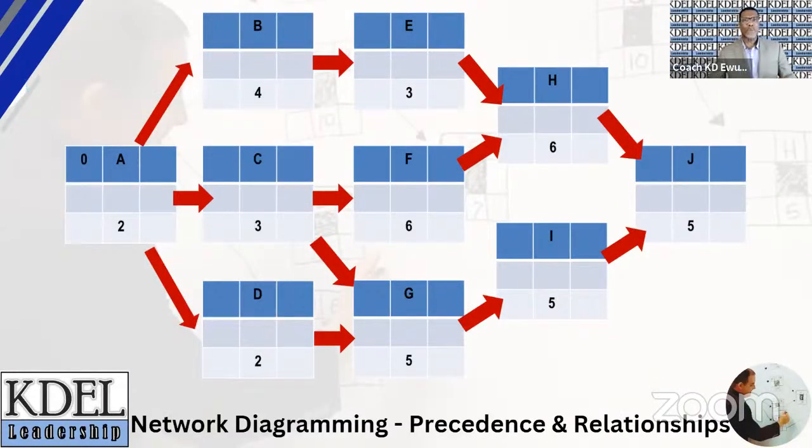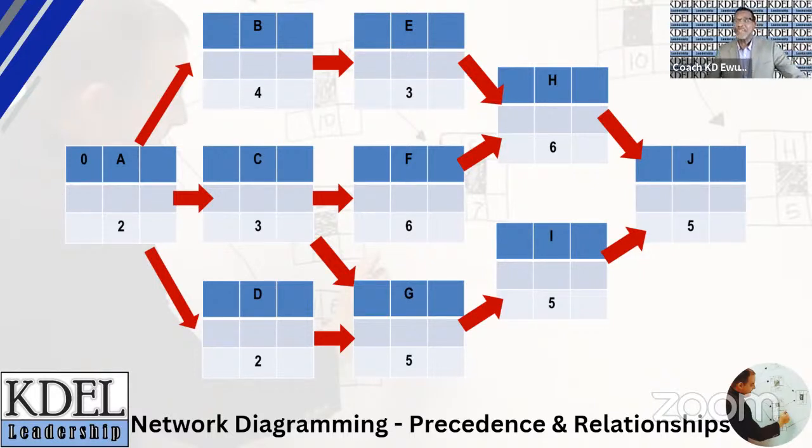We now move on to the network diagramming and precedence page. Each block you see now represents an activity, and the numbers at the bottom and center of each block represent the duration of the activity. The thick red arrows show which activity must be completed before the next one begins. And as you can decipher, activities B, C, D cannot start until activity A is done.